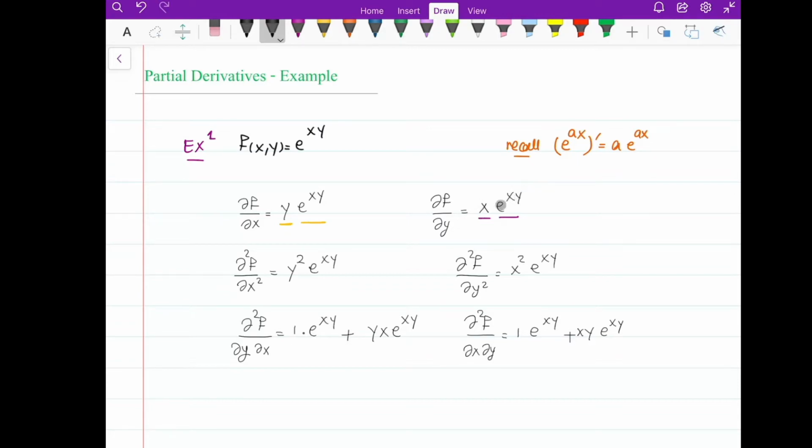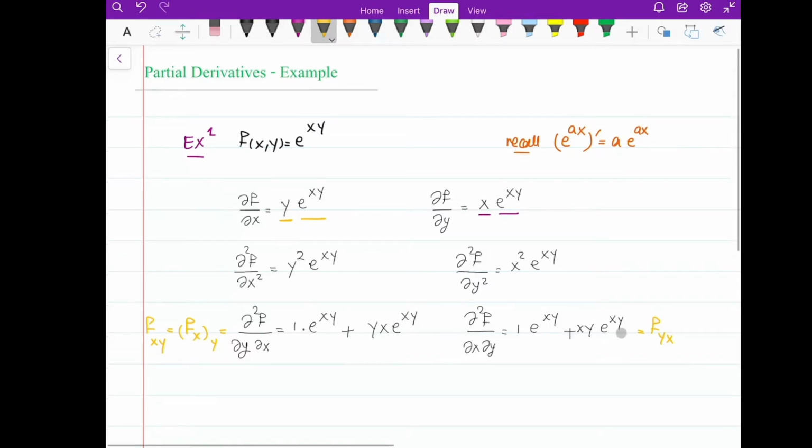Since I have an exponential function and a polynomial, based on Clairaut's theorem that we discussed, if the partial derivatives are defined and continuous, fxy should be equal to fyx. What is this one? This is fx and then y, so this is fxy. This one is fyx, and as you see, these two are equal to each other.